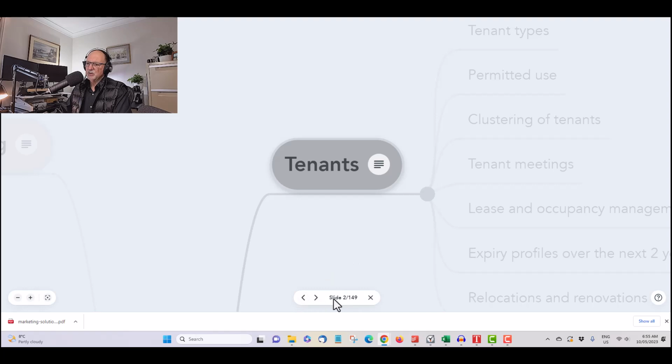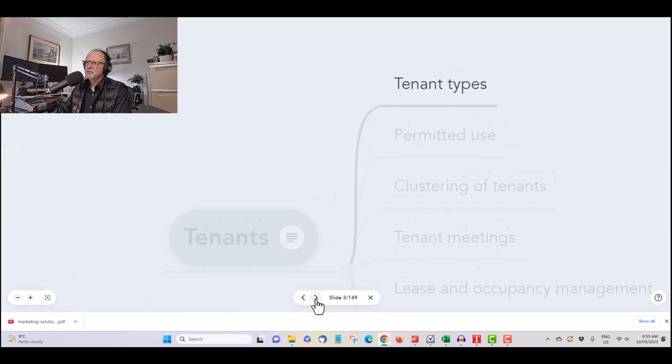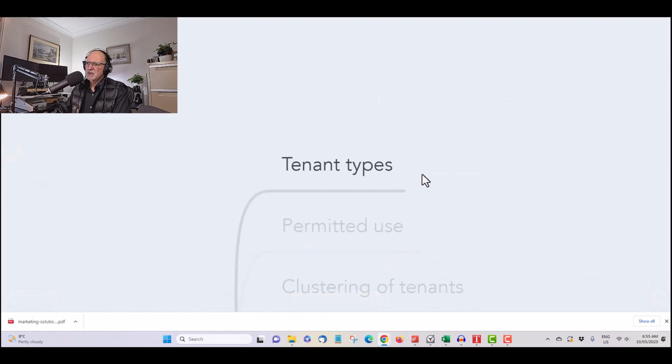Taking that to the next level and the analysis, here we go. The tenancy types. So the tenant types could be food related, service related, fashion related, many different tenancy types. So categorise them.